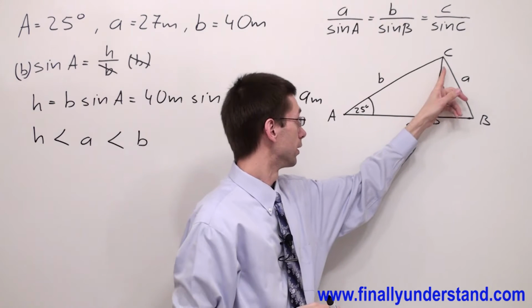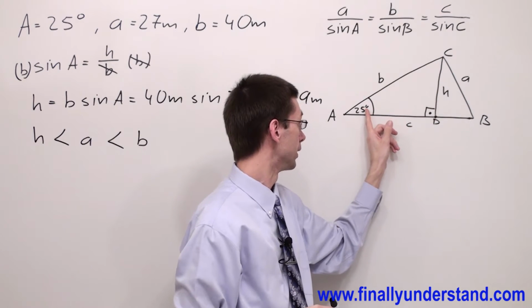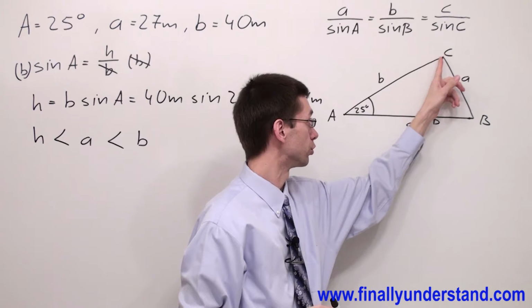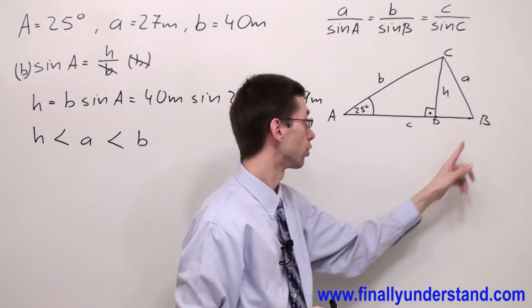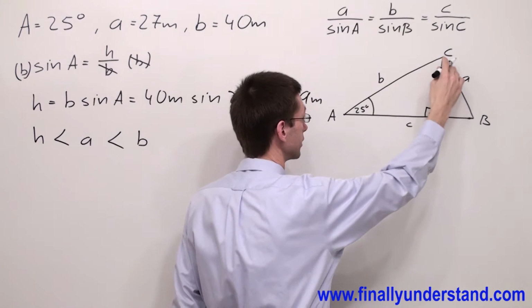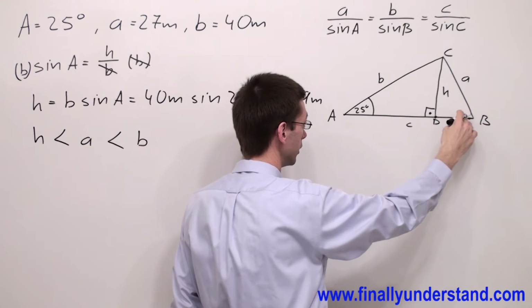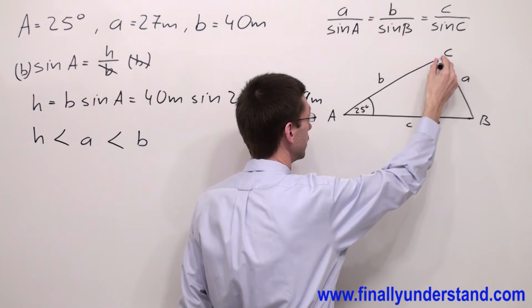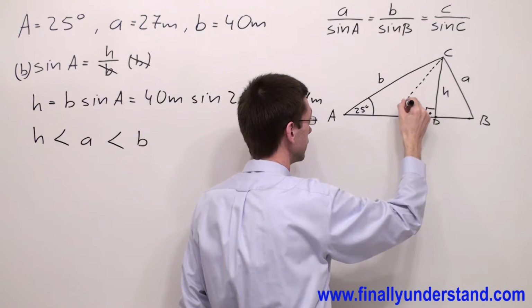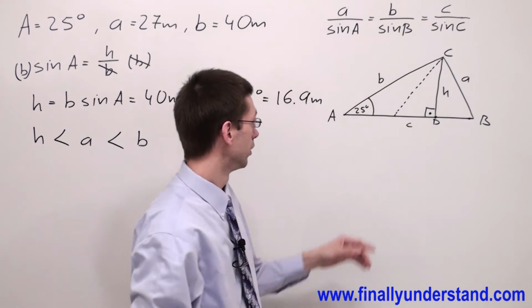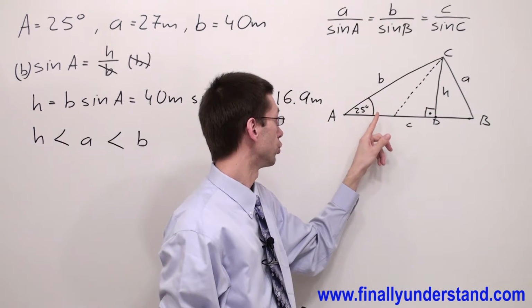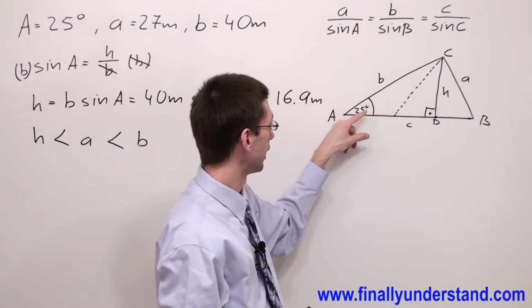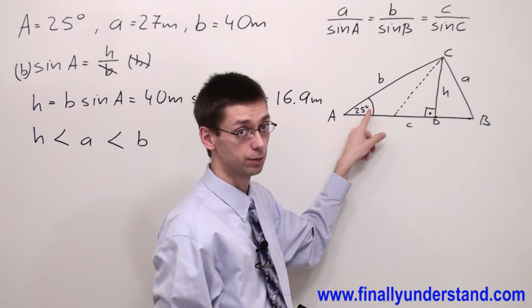So we can maintain 25 degrees if I keep this side drawn like this, or if I move this side to the left, I'm going to create another triangle which is also going to have angle A equal to 25 degrees.